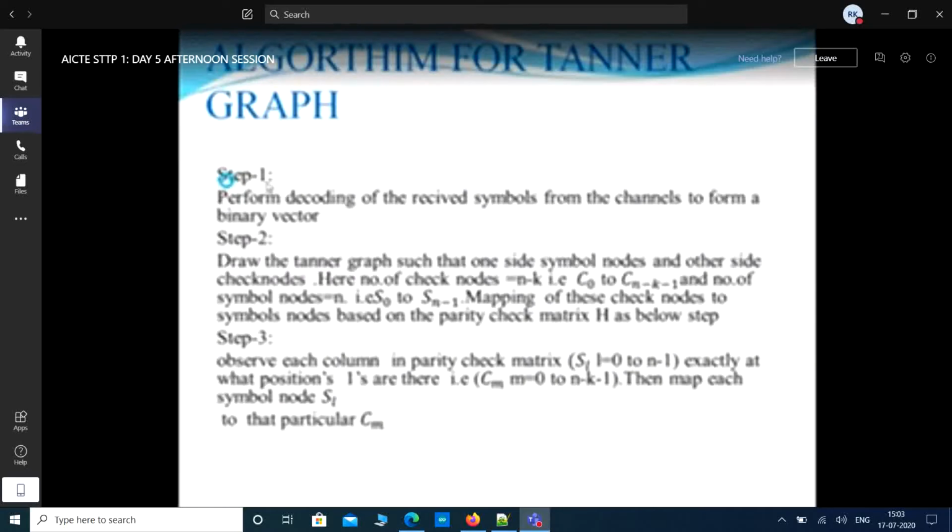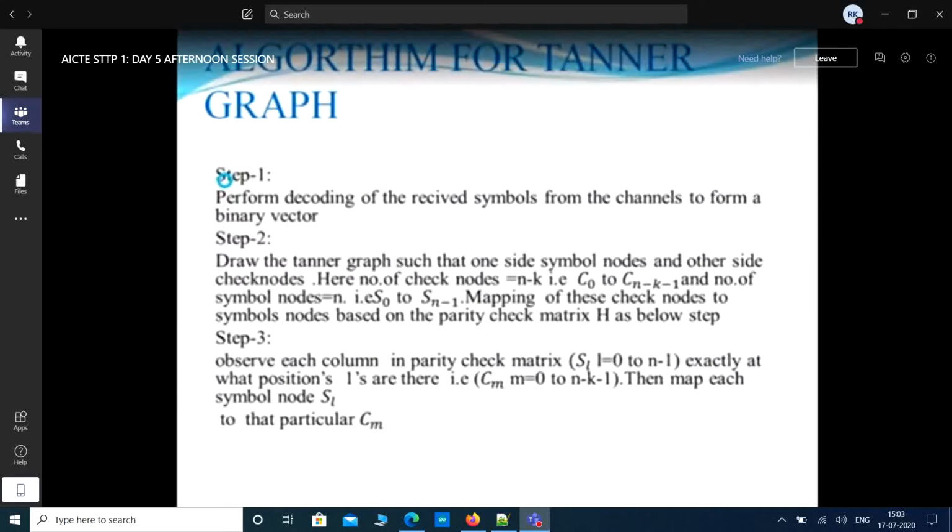The first step of the Tanner graph algorithm is to perform decoding of the received symbols from the channel to form a binary vector. The received code word is received from the channel first.